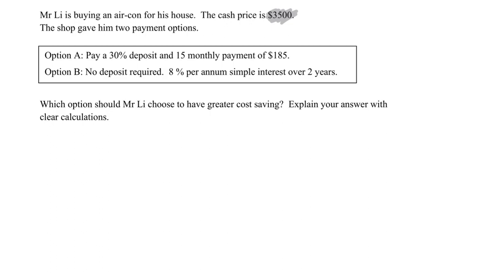So for option A, 30% deposit, then thereafter 15 months of $185 payment.